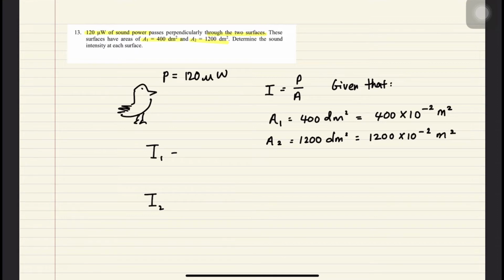Okay, so your I is equals to power divided by A. So for I1 it will be the same power supply, 120. So I1 here I got 3 times 10 negative 5.